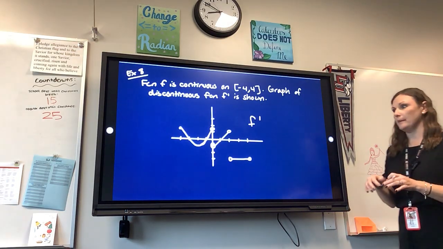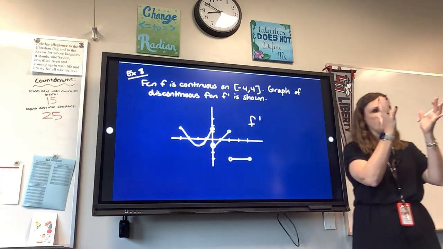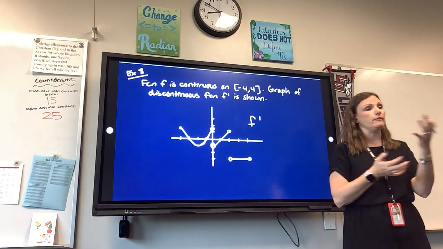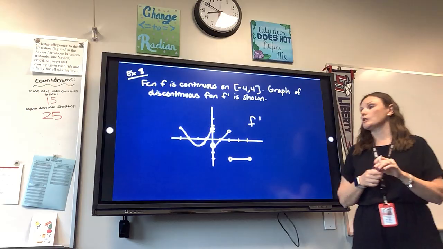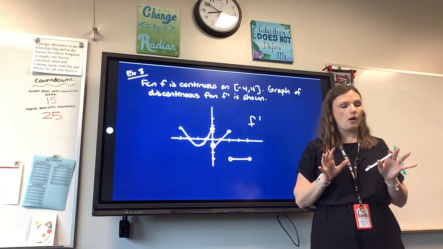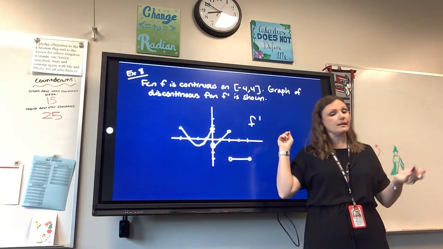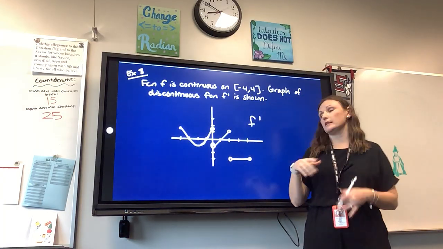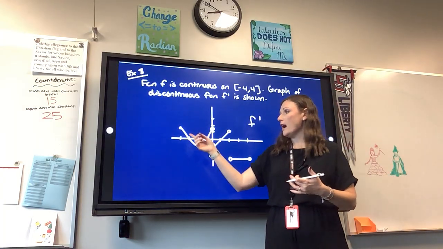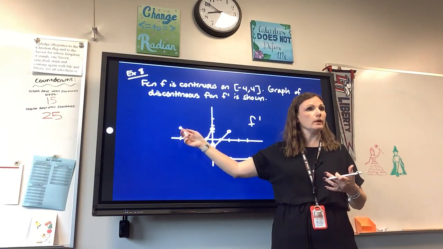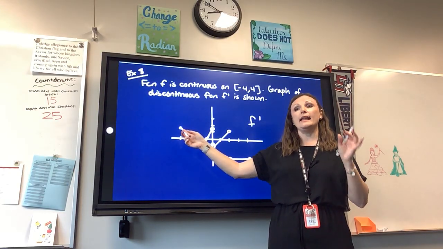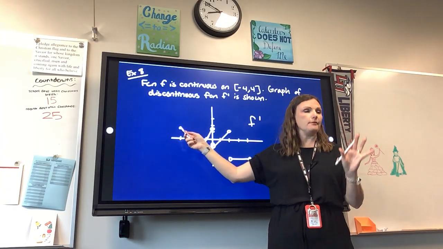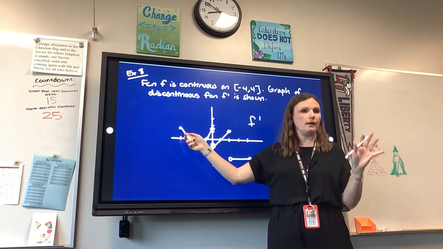Okay, so this time we're in the mindset of f prime again, but we're looking at a graph instead of being given a function. So what do I care about f prime as it pertains to f? Positive or negative. Okay, so let's talk about the things that are happening here. So we have an endpoint. We can just start with that one here. And after the endpoint, f prime is positive, not the function.